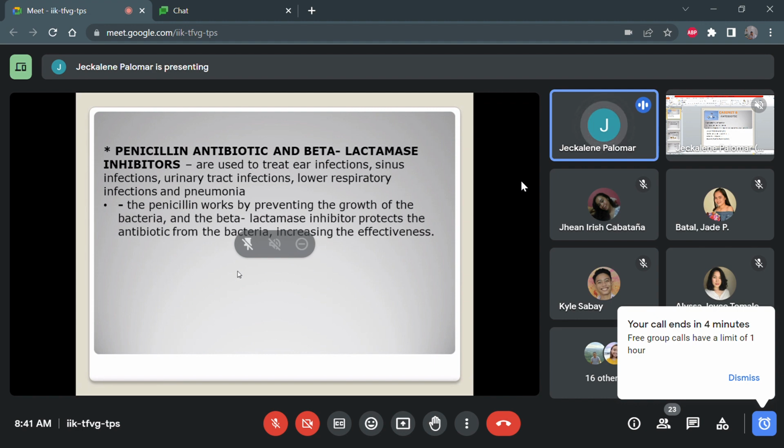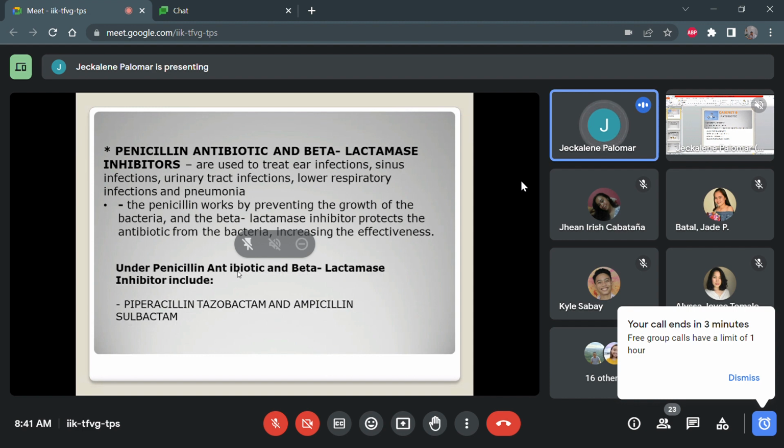Penicillin also works by preventing the growth of the bacteria, and the beta-lactamase inhibitor protects the antibiotic from the bacteria, increasing the effectiveness. Examples of penicillin antibiotics and beta-lactamase inhibitors include piperacillin tazobactam and ampicillin sulbactam.